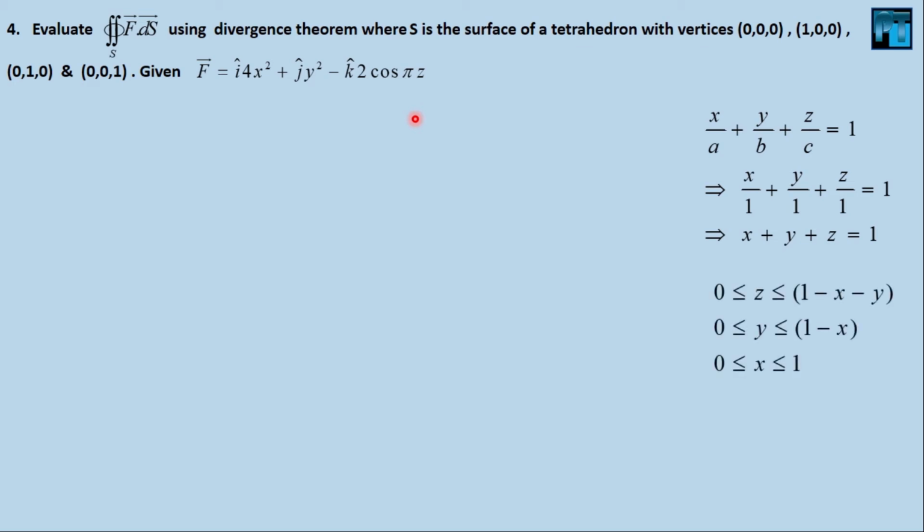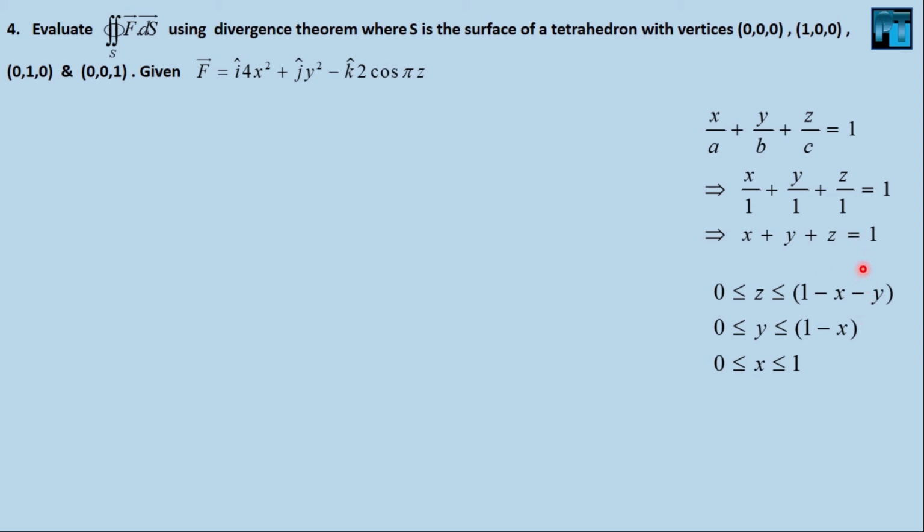Now before applying the divergence theorem, these are the respective upper and lower limits of z. Now in my previous lectures I have told you how to use the dependent upper limits. For z you have 1 minus x minus y.